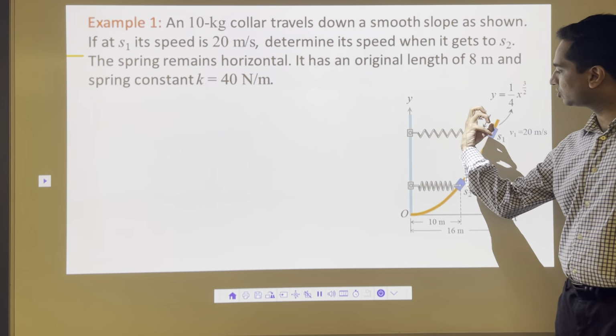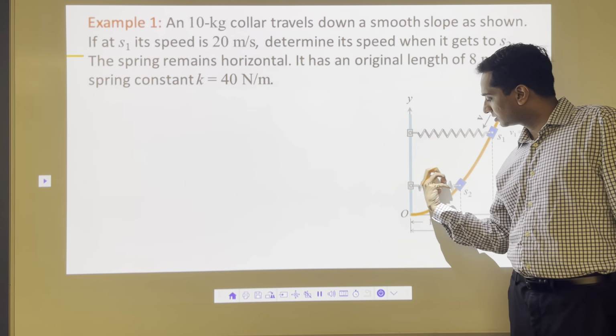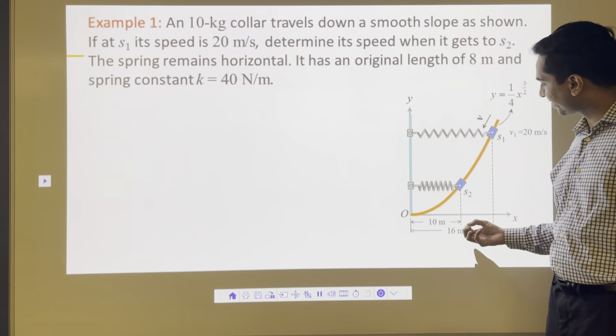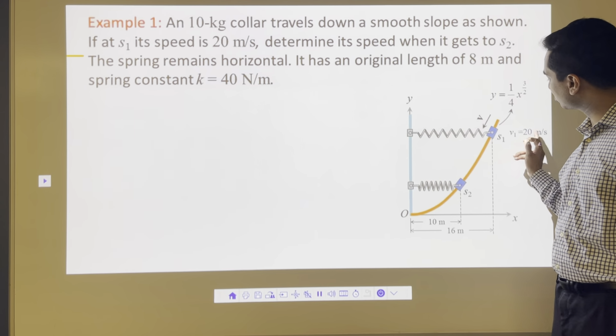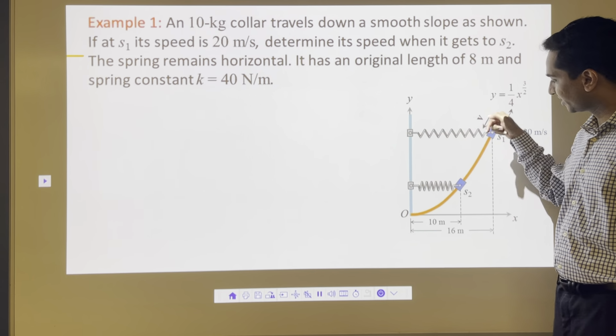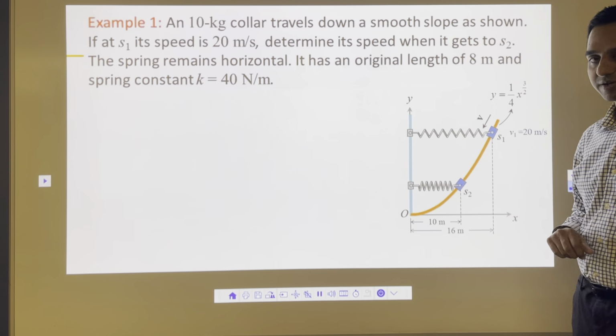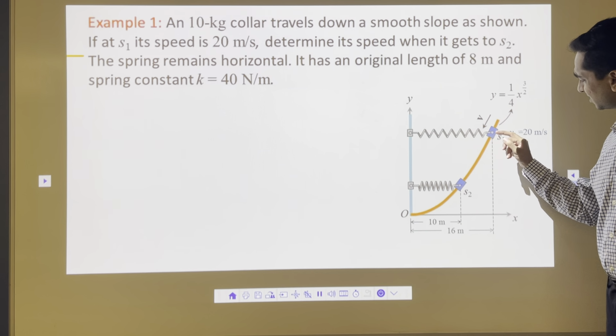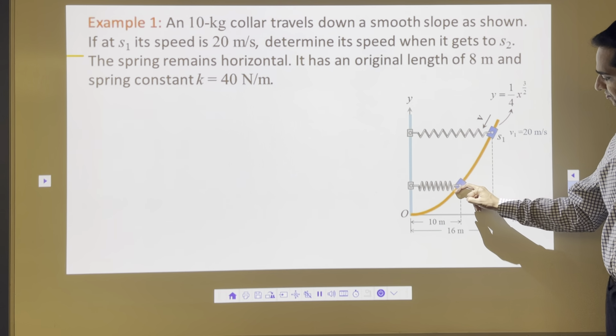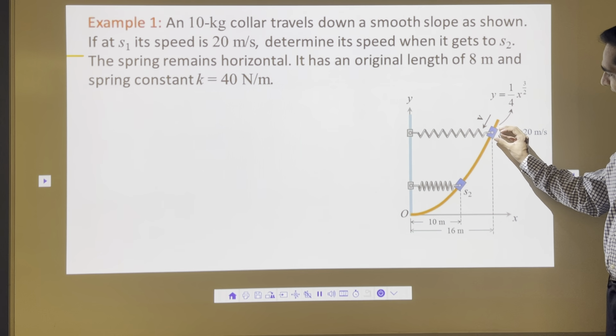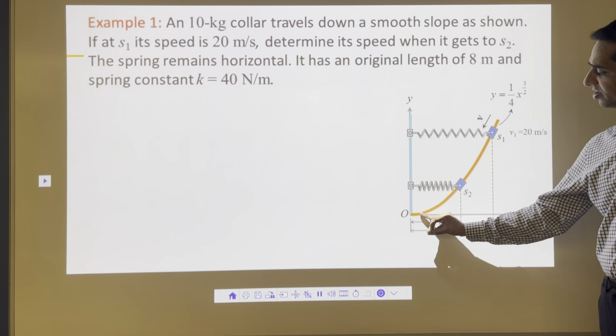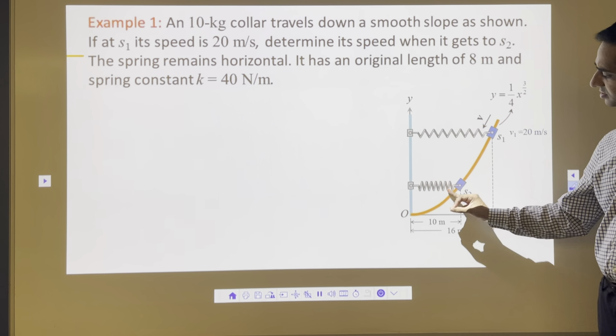The spring is trying to pull it like this, and gravity is trying to pull it down. It also has some initial velocity in the downward direction, 20 meters per second. So it's coming down with 20 meters per second here.